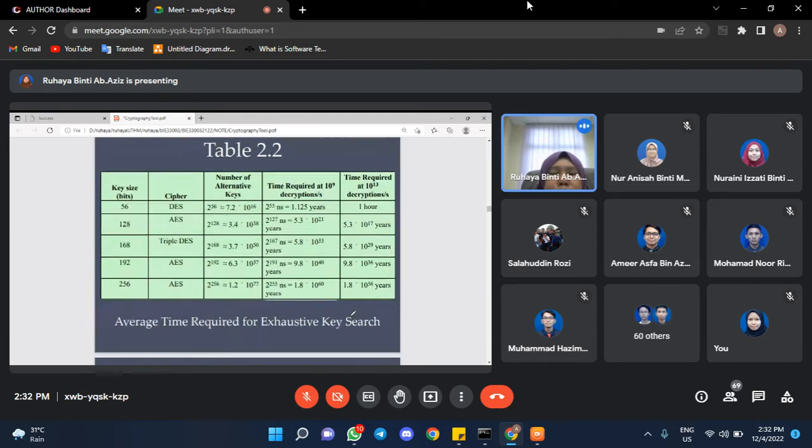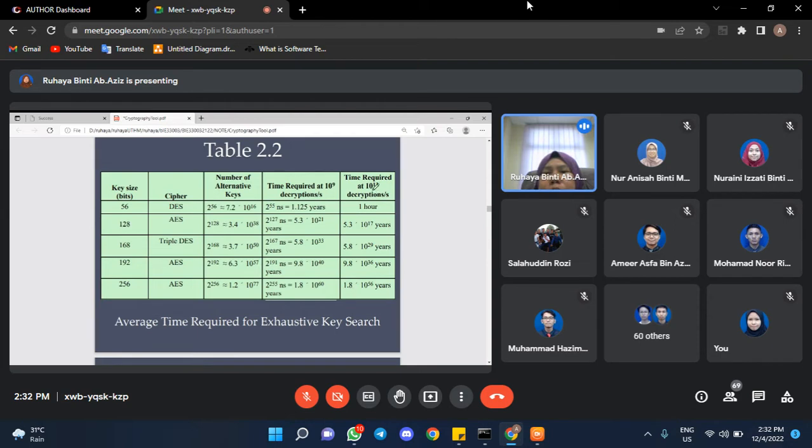This is the average time required for an exhaustive key search. This means if you try to decrypt the ciphertext, the encrypted message, for DES, at 10^9 decryptions per second it takes about one year.